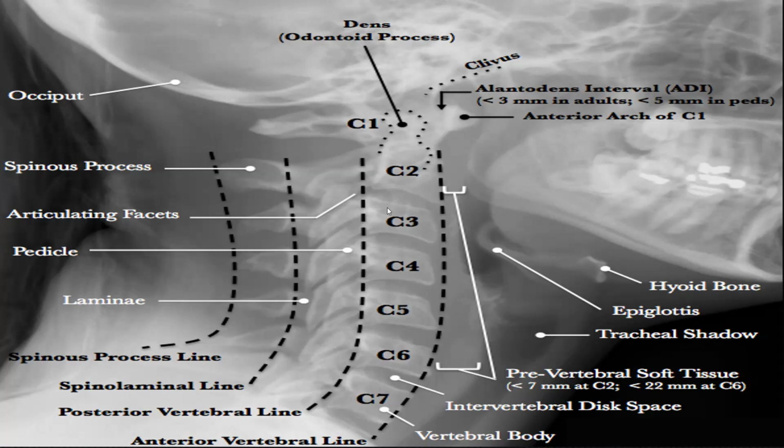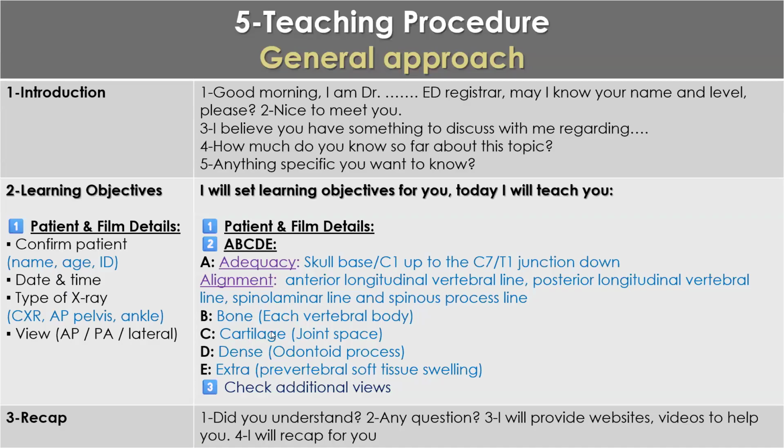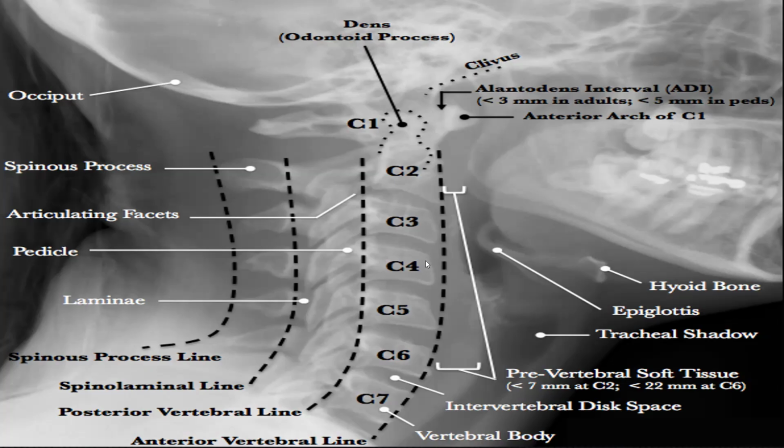We are at the point of bone now, not the space. Don't jump to cartilage now. So how do we catch the diagnosis of an anterior wedge compression fracture? The height of the anterior border of the vertebra is very short.